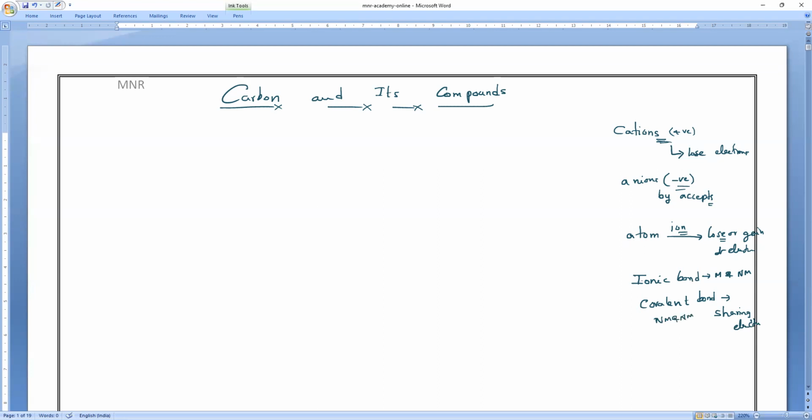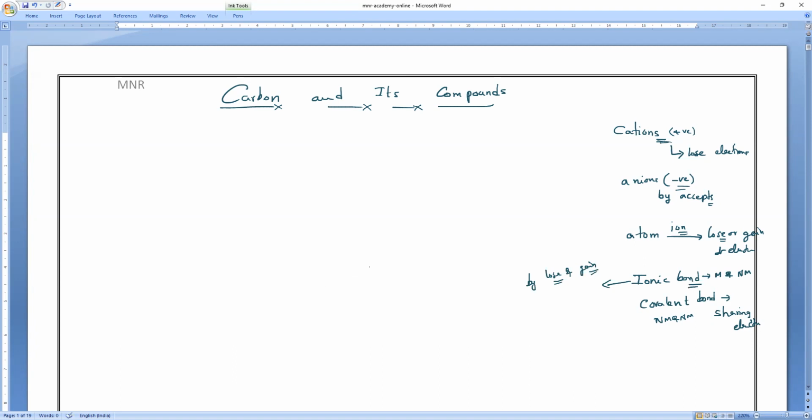Keep it in mind, this is the most important for this chapter. Ionic bond will basically be formed by loss and gain of electrons. Understanding? Means one will lose the electron and another one will gain the electron. That is what we call an ionic bond. Am I right, everybody?